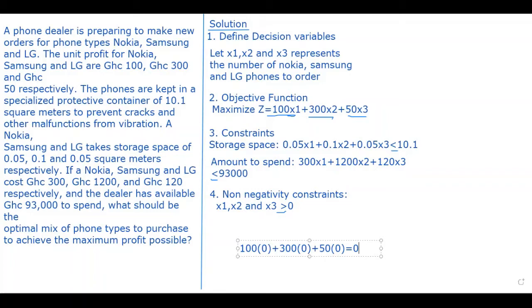To type a function in Excel, you use the equal sign, as I taught you with the matrix and the inverse. So equal to, you type SUMPRODUCT. You click on it. Now you drag through the unit profits.